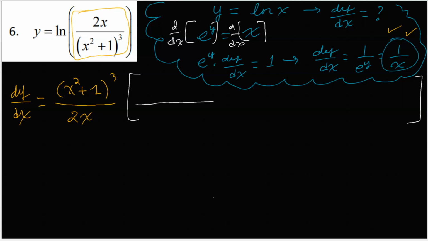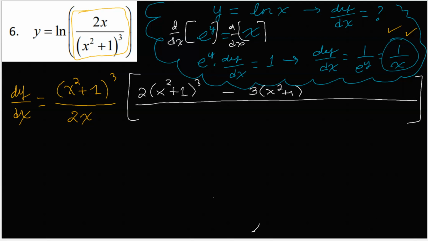The quotient rule says the derivative of the first, which is 2, multiplied by the second, which is x squared plus 1 to the third power, minus the derivative of the second, which is 3 times x squared plus 1 to the second, multiplied by the inside derivative of that, which is 2x, and then multiplied by the first, which is 2, all divided by the denominator squared.